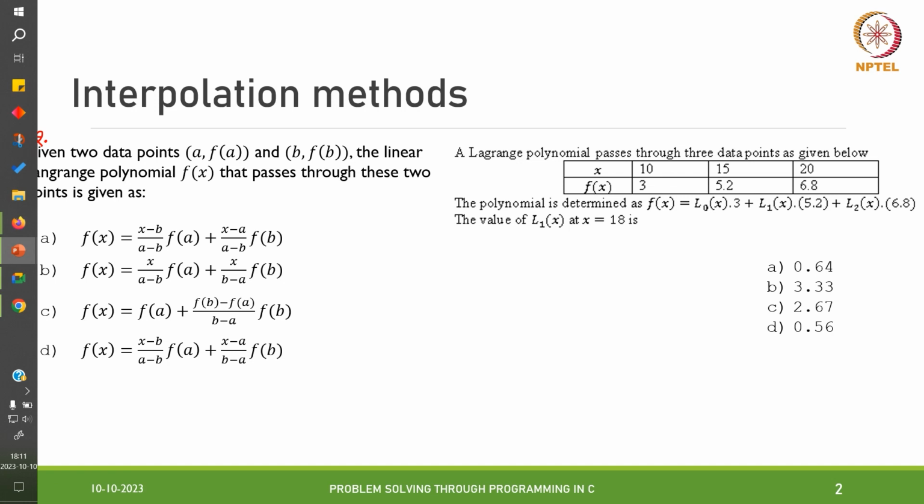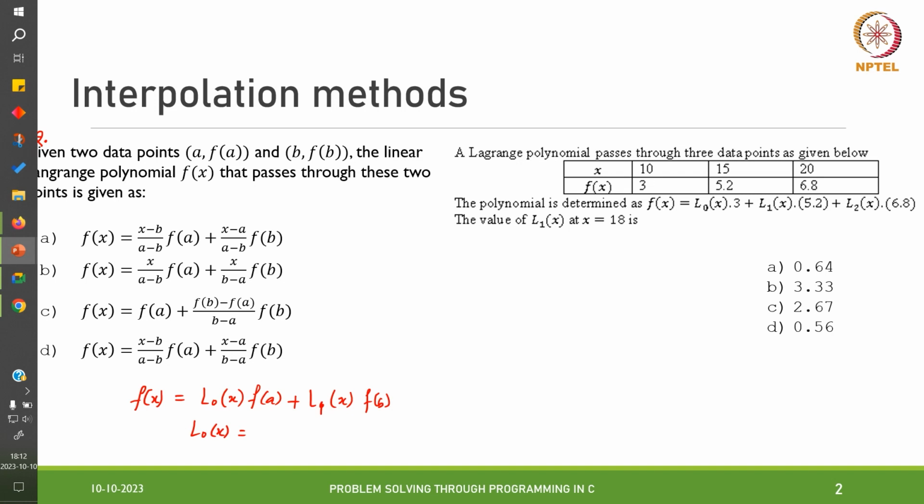We know that if we have these 2 points and we are supposed to write a Lagrange interpolation among them, we can write f of x is equal to L0 of x into f of a, and then L1 of x into f of b. Now what is the formula for L0?